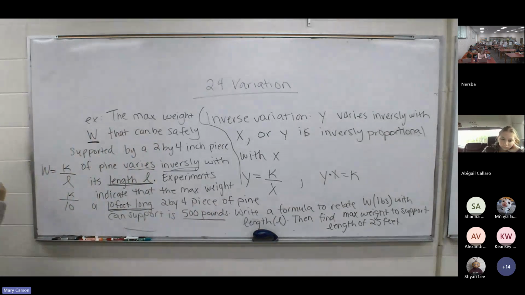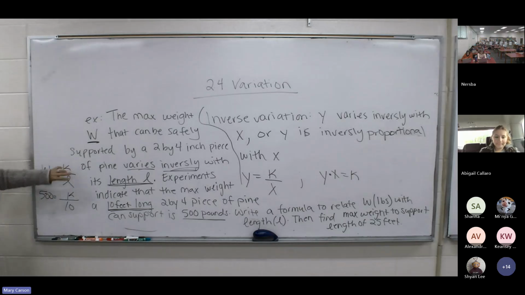The W. So again, there's a lot of extra in there, like some people ask what do I do with a 2x4? That's just telling you what you're looking at, which is our piece of pine. So once you solve for K, you put K back into this, and that's your actual formula. So you gotta solve for K first.